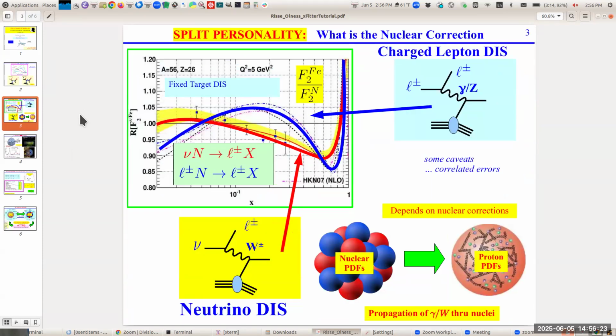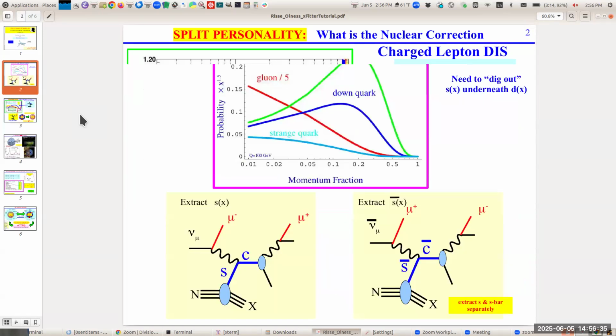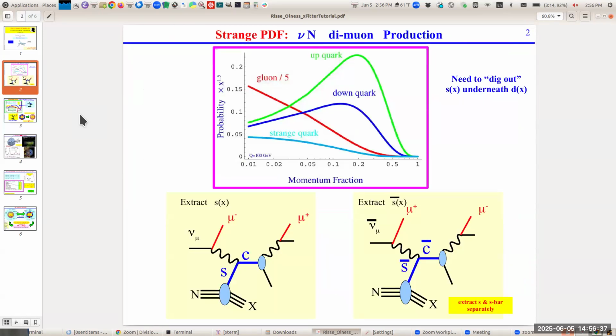That worked very well, but when they went a little bit further in starting comparing charge current processes with neutral current processes, the challenge here, I should add, is when you're doing this with neutrinos, neutrinos have very low cross sections. To first order, the Earth is transparent to neutrinos.